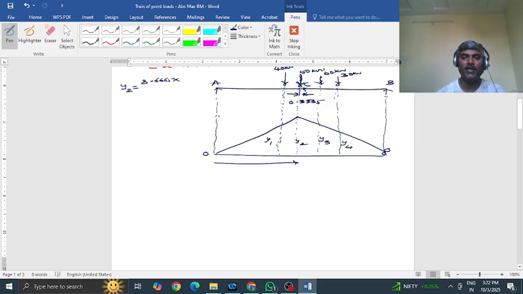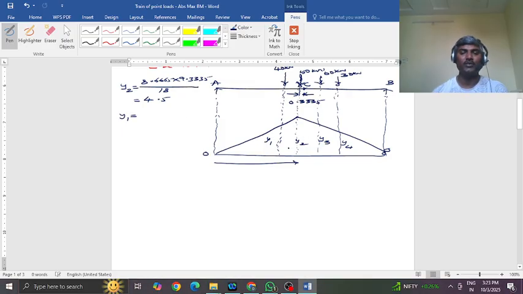Till C it is 9 plus 0.3335, which is 9.3335, divided by total 18, which works out to 4.5. The highest ordinate is 4.5. Then the rest of the ordinates by similar triangles.